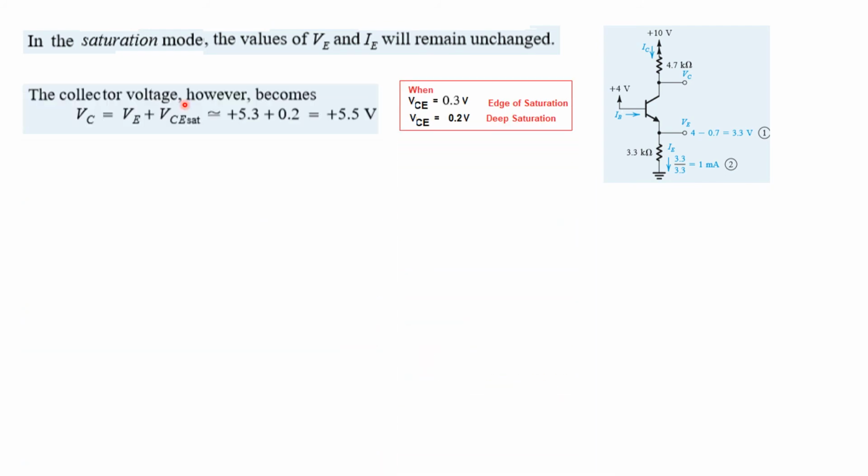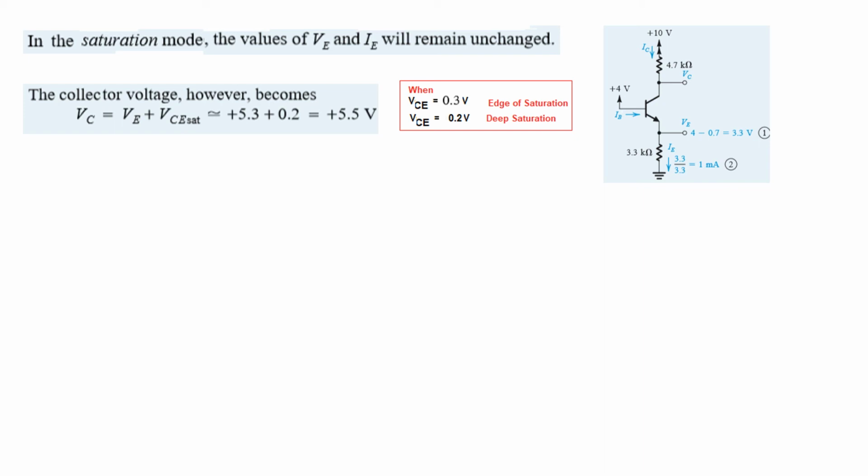The collector voltage, however, will change. Now the collector voltage, this one, is this voltage VE plus the drop here, and since it is in saturation mode, we'll call it VCE sat, saturation.